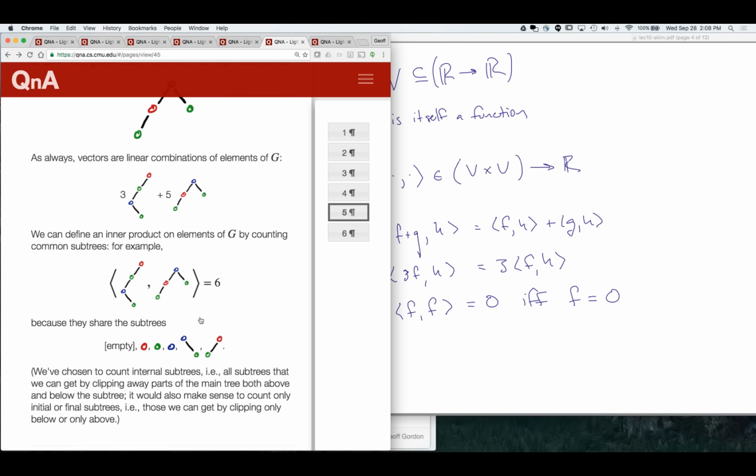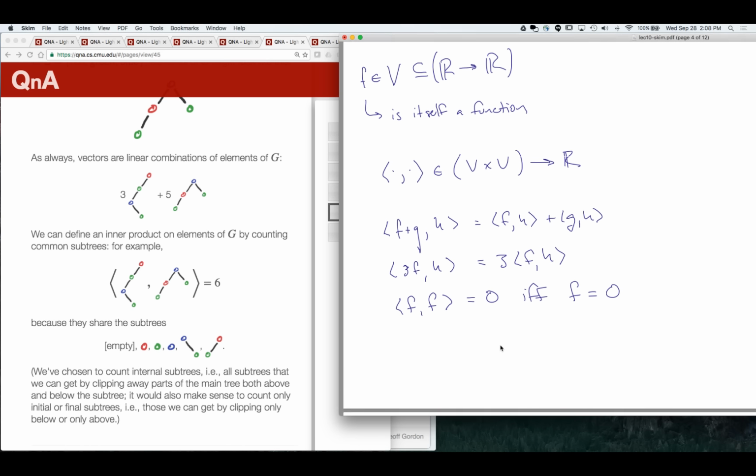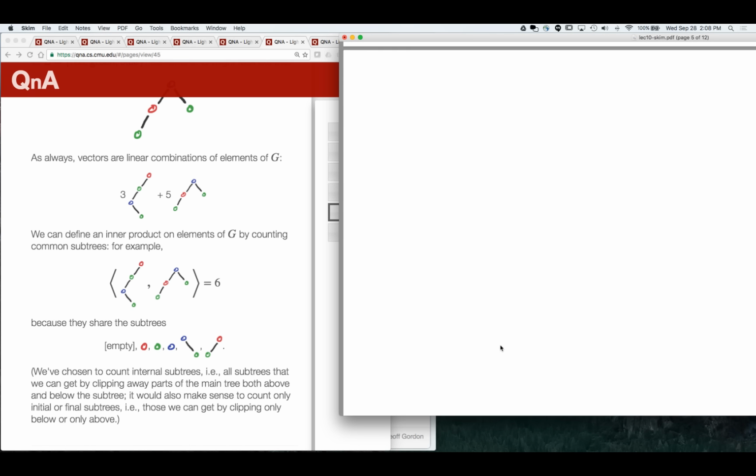So there's a question about how addition is defined on trees, right? And remember, addition is defined on all vectors, not just trees, right? And so it's defined on a linear combination of elements of G. And so it's defined the way a linear combination would typically be defined. So let's again get ourselves a free blank page, right?